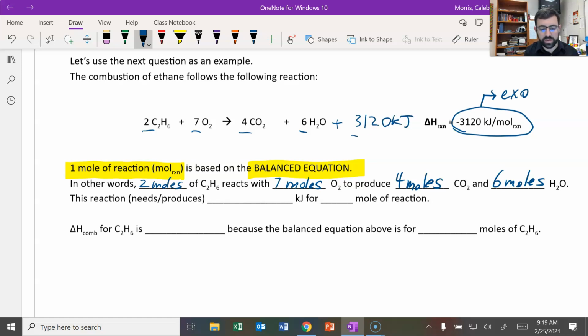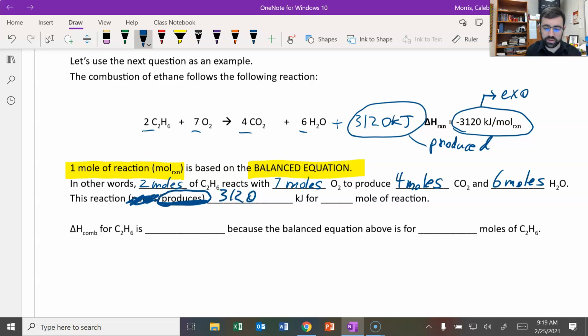Okay, it's produced. Or you could say it's a product. So it produces, doesn't need it, it produces 3,120 kilojoules for each mole of reaction, for every 1 mole of reaction.